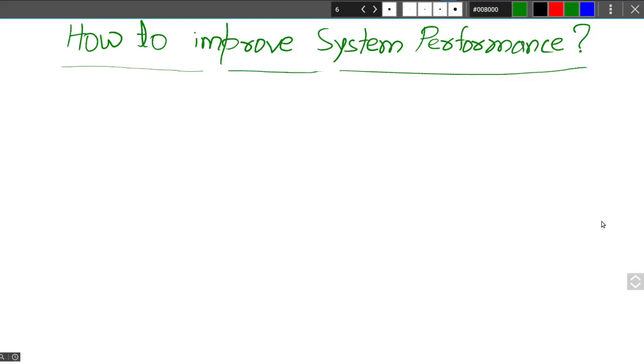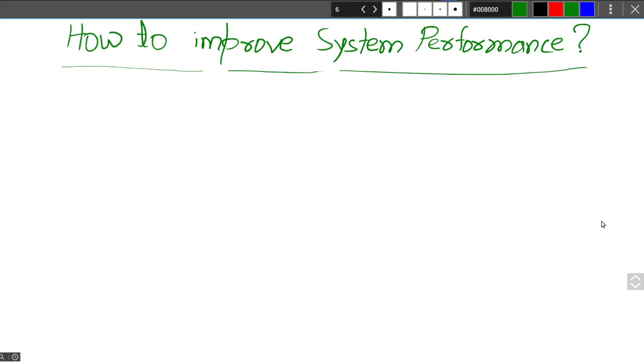So welcome all. Today we are learning how we can improve the performance of our system. When we are talking about this topic, we are considering only a single system, application or organization.